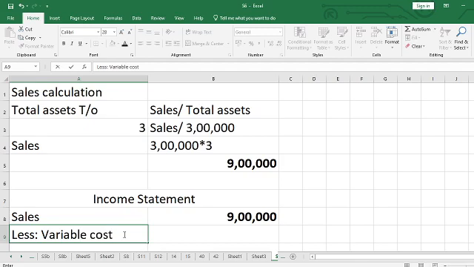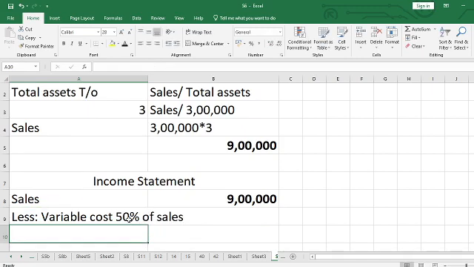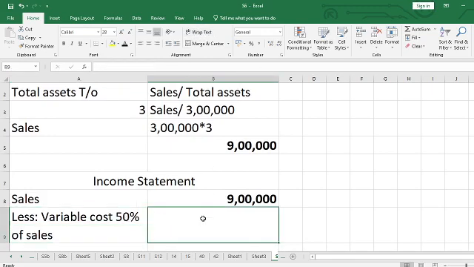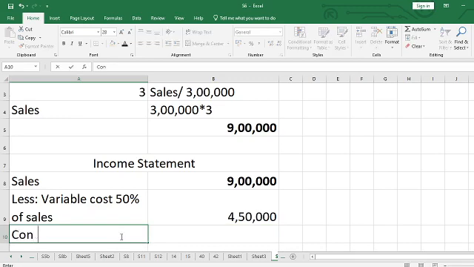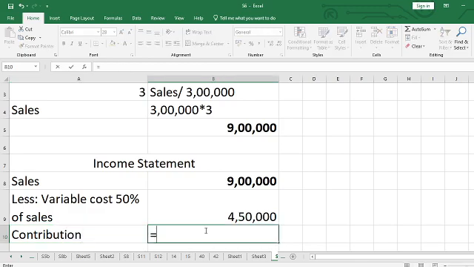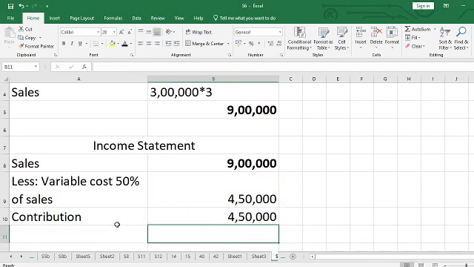Variable cost is 50% of sales. So 50% means 4,50,000. Next, the answer is contribution. So I will get contribution as 9 lakh minus 4,50,000.